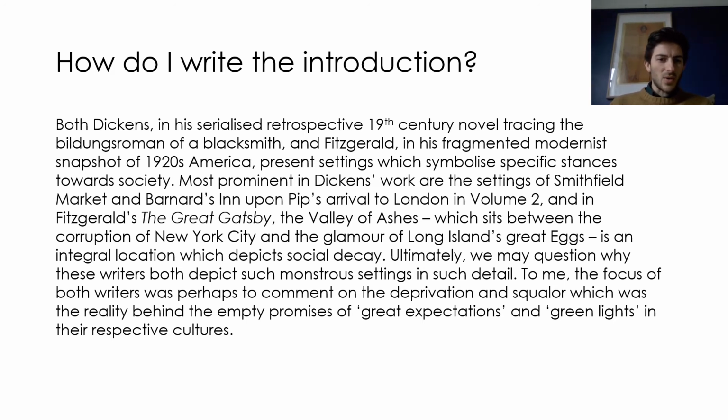Ultimately, we may question why these writers both depict such monstrous settings in such detail. To me, the focus of both writers was perhaps to comment on the deprivation and squalor which was the reality behind the empty promises of great expectations and green lights in their respective cultures.